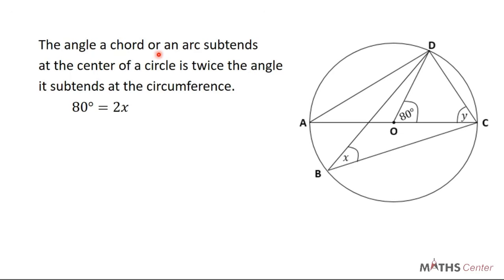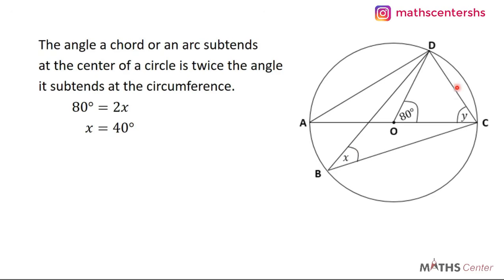The angle a chord or an arc subtends at the center of a circle is twice the angle it subtends at the circumference. What that means is that 80 degrees here is equal to 2 times the angle that will be formed here, which is S. So we simplify this, we divide both sides by 2, and S will give us 40 degrees. So we've used this property to find S.